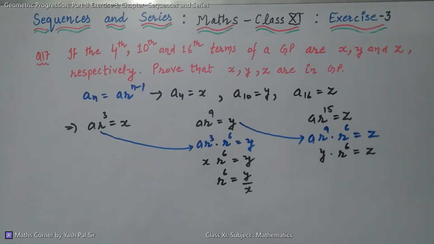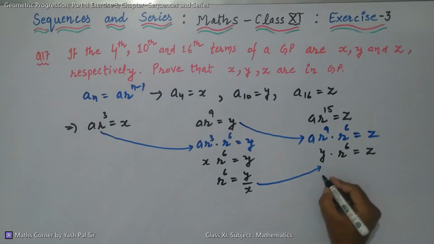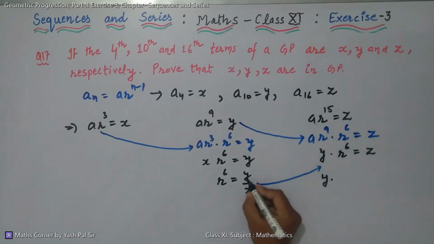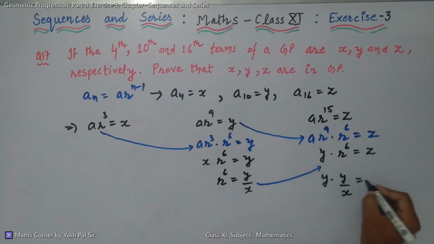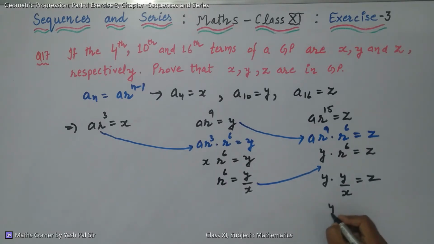Again we substitute the value of r raised to power 6 here. So y into y upon x is equal to z. So this becomes y square is equal to z into x.